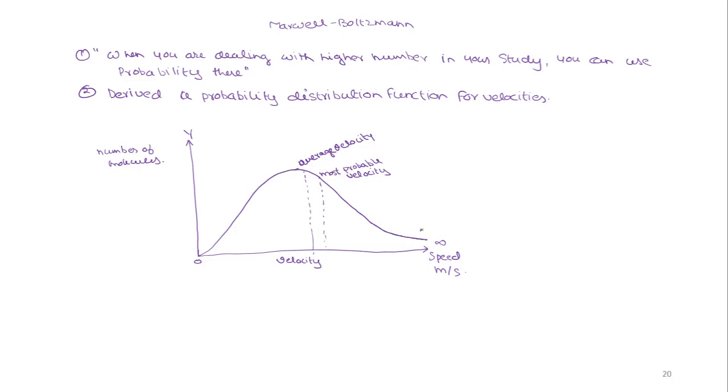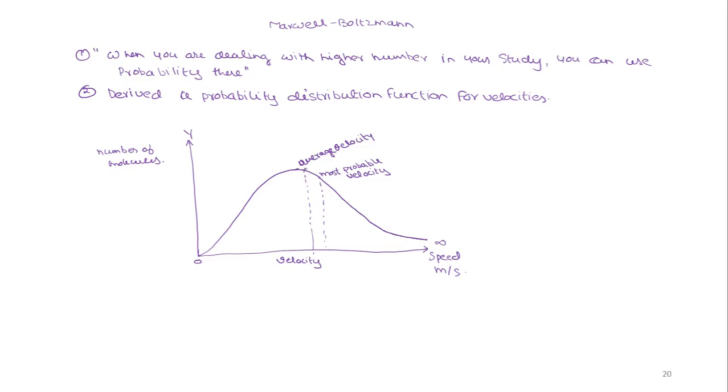The number of particles increases, reaches some point, and then eventually starts to decrease. What does this behavior mean? It clearly means that most of your particles in the system will have velocities near or around the most probable velocity. So this is what I mean.